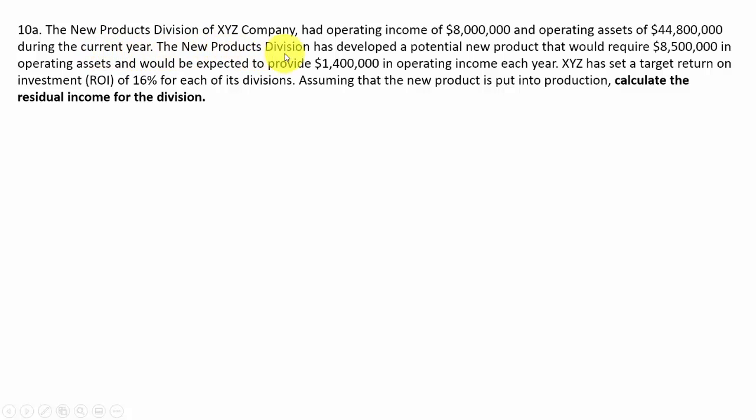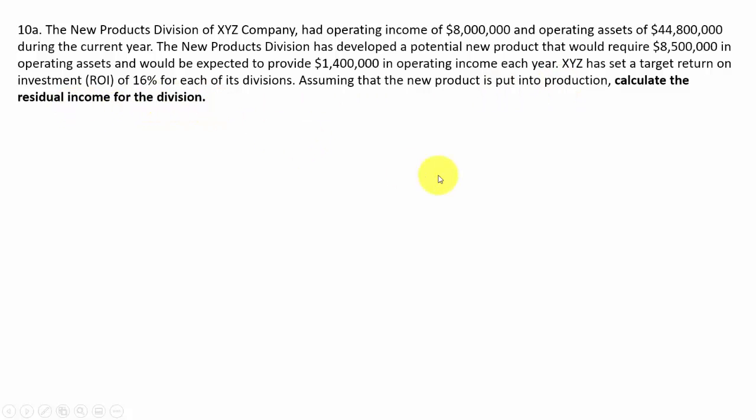The new products division has developed a potential new product that will require $8,500,000 in operating assets and would be expected to provide $1,400,000 in operating income each year. XYZ has set a target return on investment of 16% for each of its divisions. Assume that the new product is put into operation. Calculate the residual income for the division.